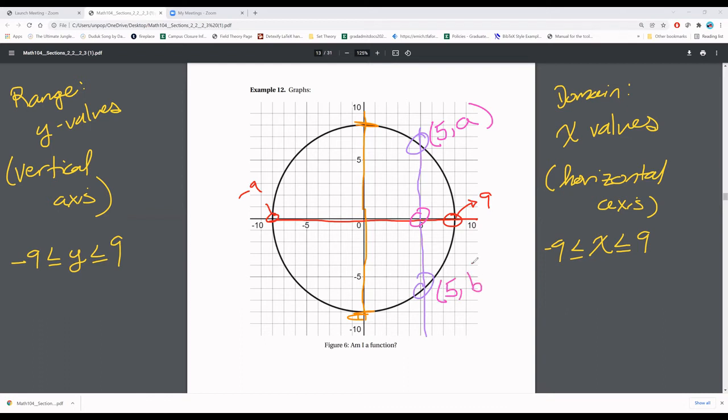I'll just call it b. So this vertical line crossing the graph twice tells me that this x value, x equals 5, gets mapped twice. It gets mapped to this y value up here, and to this y value down here. That is why it fails to be a function, and why the vertical line test indicates that.